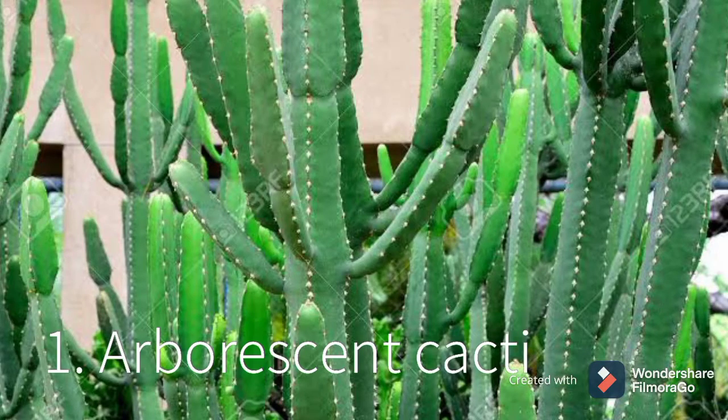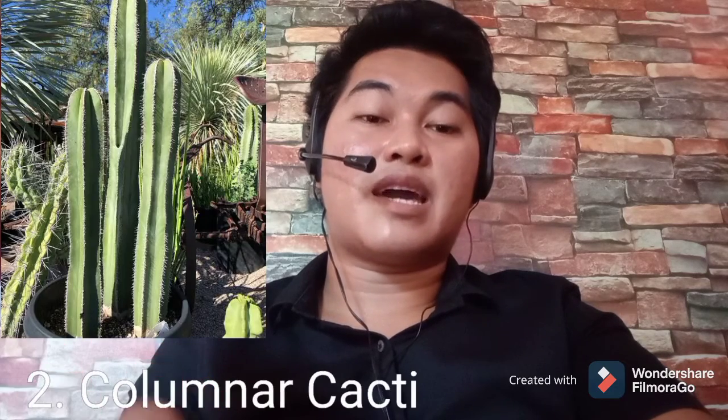Number 1, arborescent cacti. They can be tree-like, meaning they typically have a single more or less woody trunk topped by several to many branches. Second, we have columnar cacti. Smaller cacti may be described as columnar.